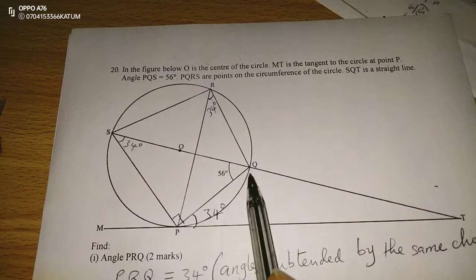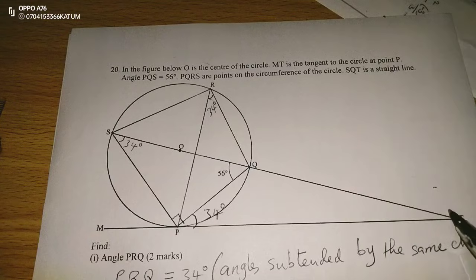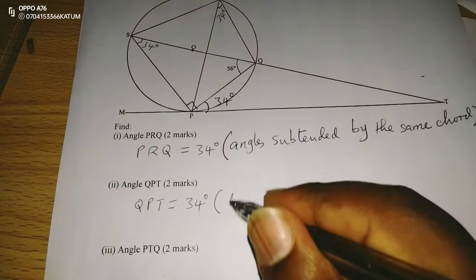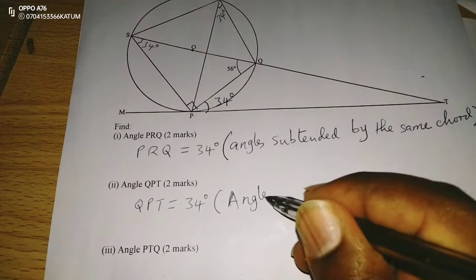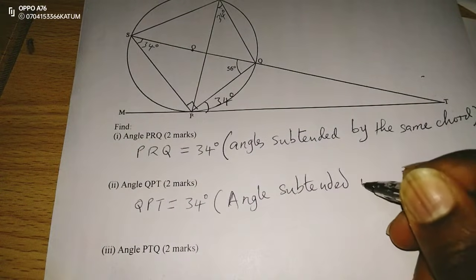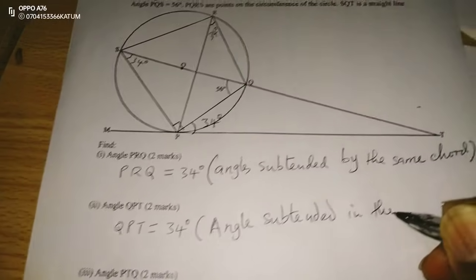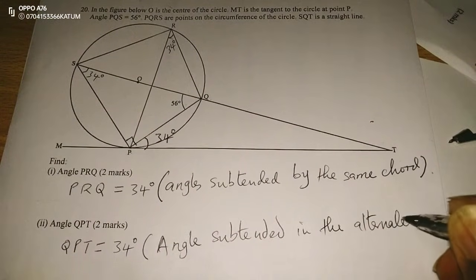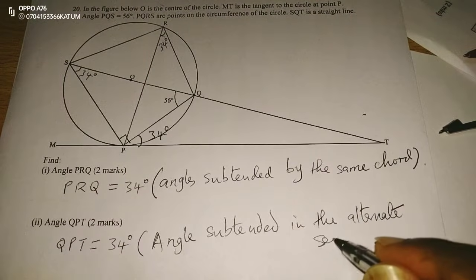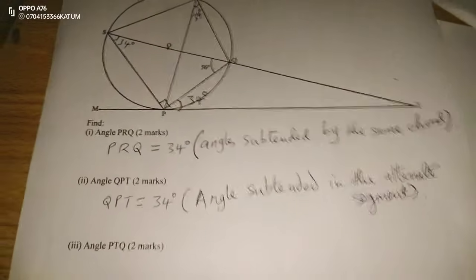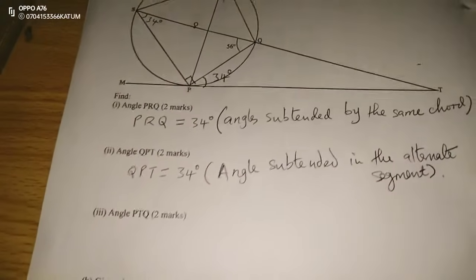Or rather, the angle subtended by a chord and a tangent is equal to the angle subtended by the same chord in the alternate segment. So we will say this is angle subtended in the alternate segment. It just has to be equal with the angle made by the chord and the tangent.